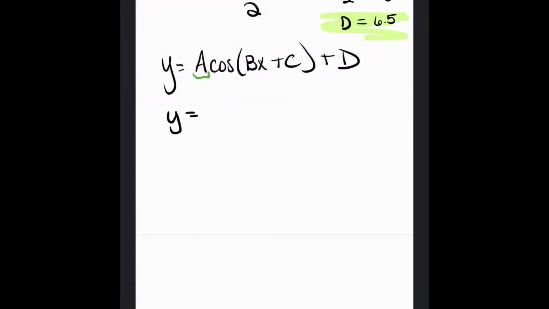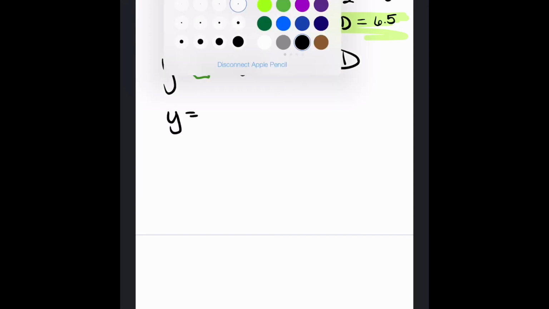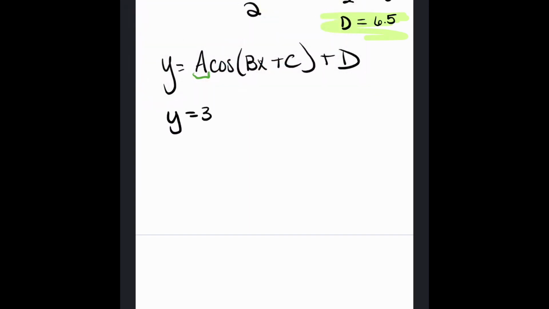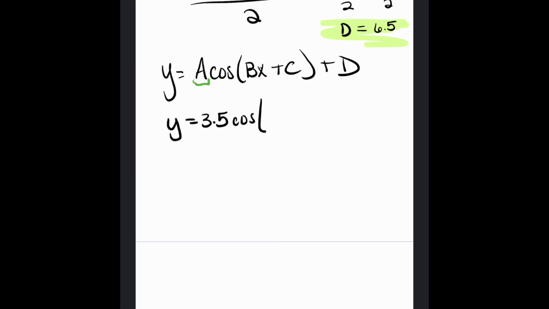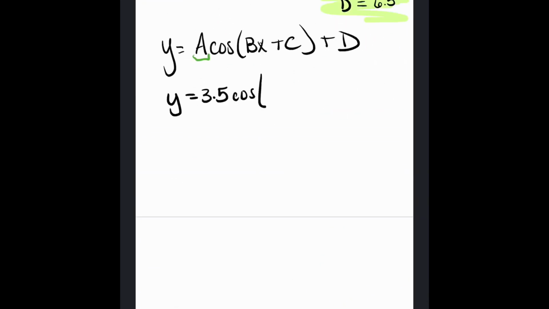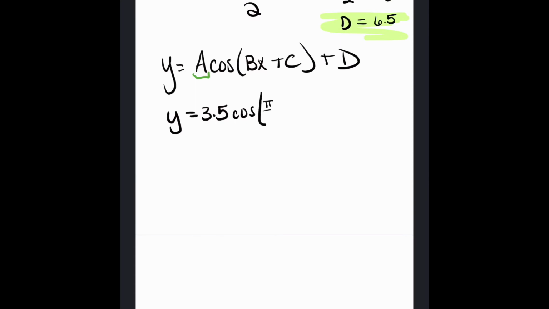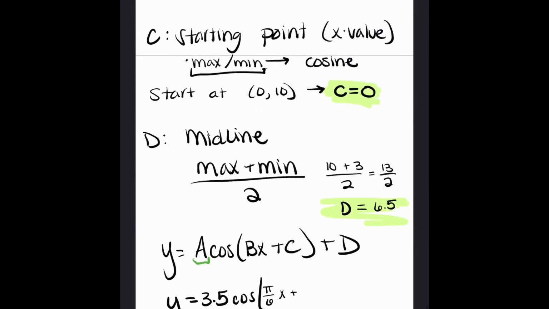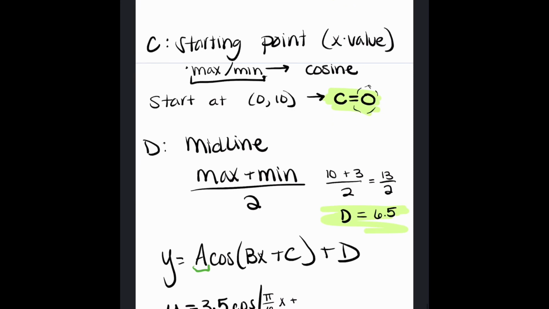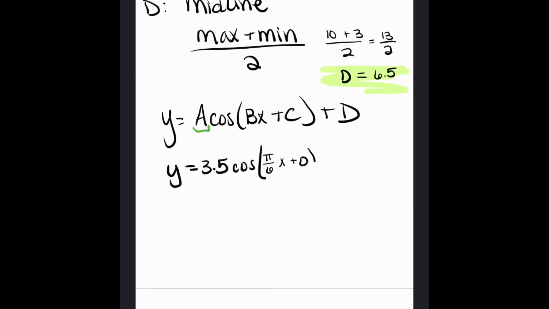Y equals, and instead of A, I'm going to go ahead and put 3.5 cosine. And then bx, B was pi over 6. So I'm going to put pi over 6x. Plus my C value. My C value was 0. So it's going to be plus 0, close parentheses, plus my D value, which was 6.5.